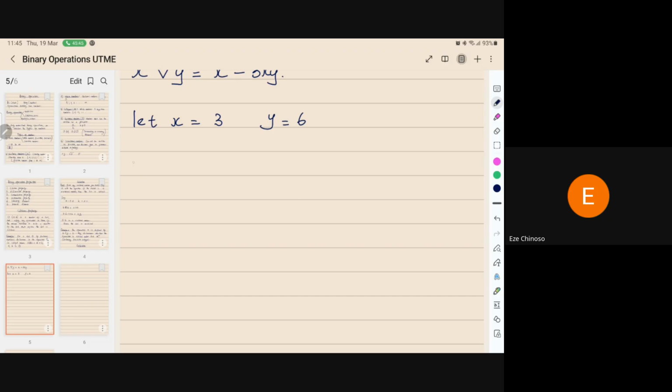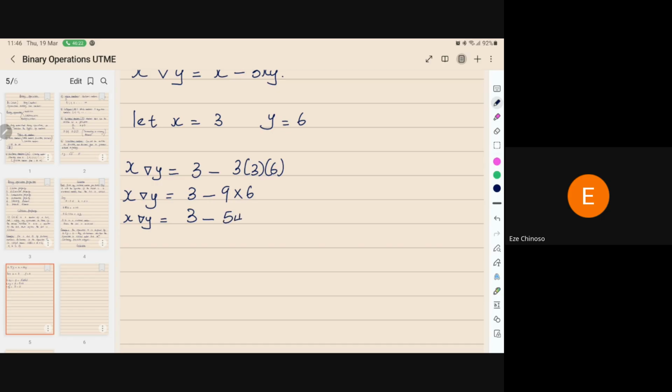So that means the operation x * y simply means I'm going to do 3 minus 3. X is 3, and y is 6. So that very operation means that I have 3 minus 3 times 3, which is 9, times 6. So x * y is equal to 3 minus, I know that 6 times 9 is 54.